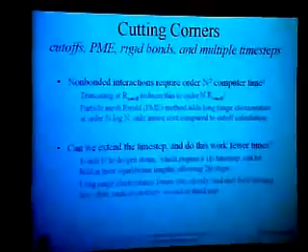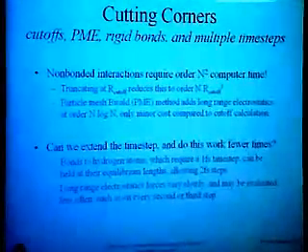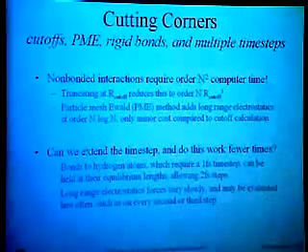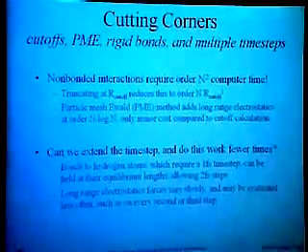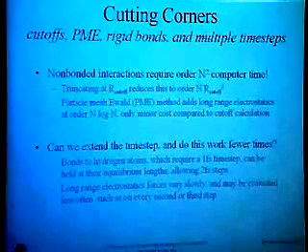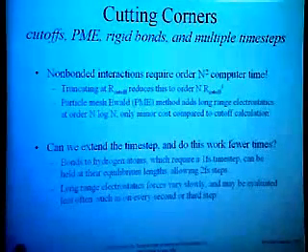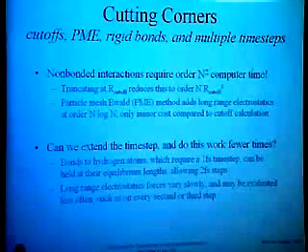There are some approaches that we use in simulations to cut the time down. First of all, doing the non-bonded interactions, those van der Waals and electrostatics terms, you have to do every pair of atoms. Well, as the system increases in size, you have to do n squared the amount of work. Double the size of the system, 4 times as much work.